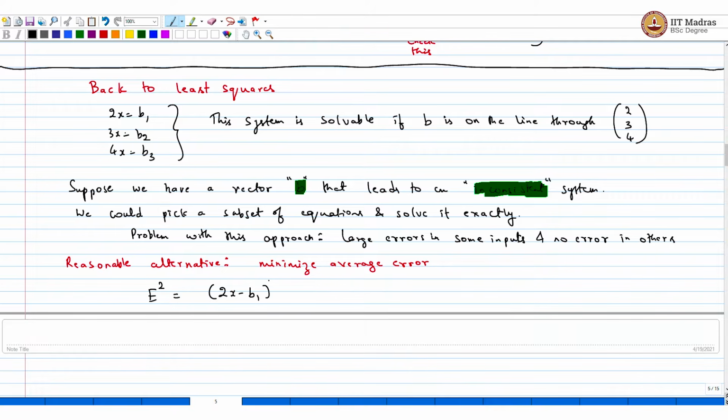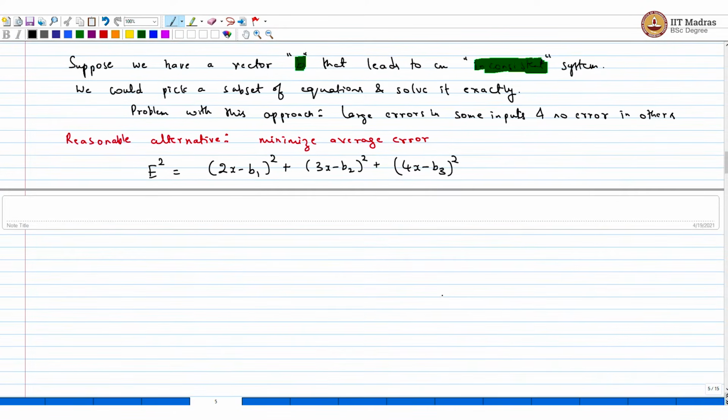So, (2x minus b1) squared plus (3x minus b2) squared plus (4x minus b3) squared. Hence, the name least squares, because you want to minimize this sum of squares.